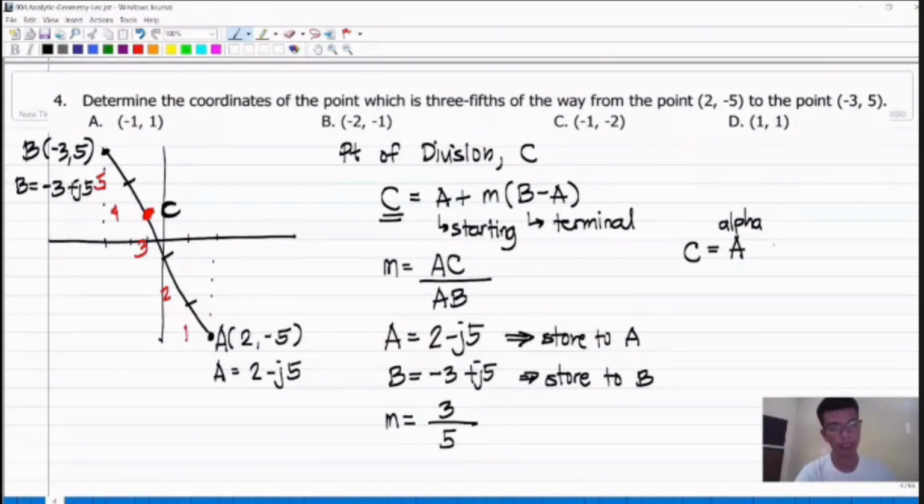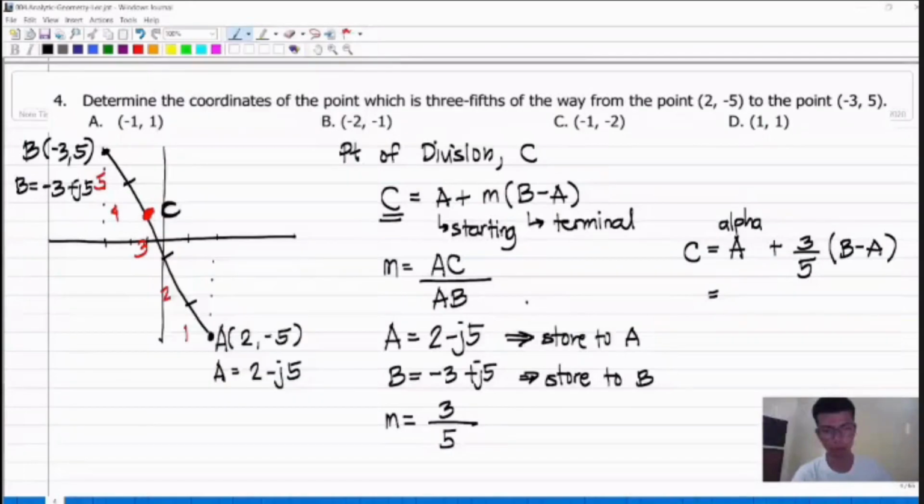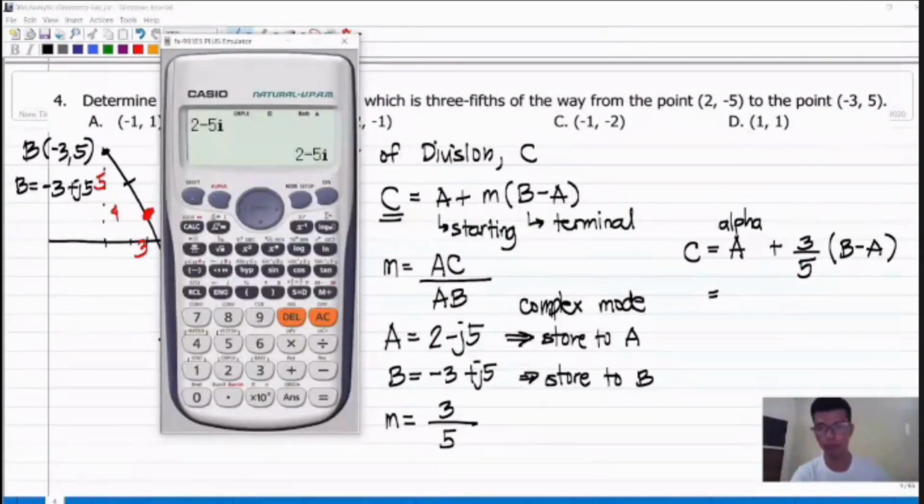Sa calculator in complex mode, so mode number 2, complex mode. 2 minus 5i will be stored to variable A, and then negative 3 plus 5i will be stored to variable B. And then gawin na natin yung ating solution, alpha A plus the M, which is 3 over 5, times alpha B minus alpha A.